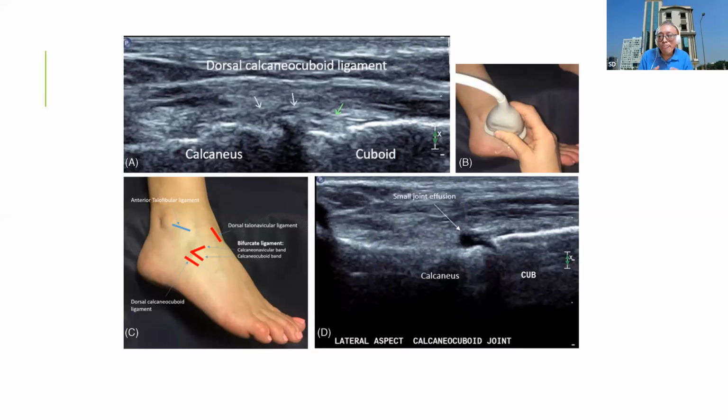So if there is any pathology in the peroneus longus tendon, or any chronic pathology in the plantar fascia, then the arch of the foot can slowly be lost. So this is basically flat foot syndrome.